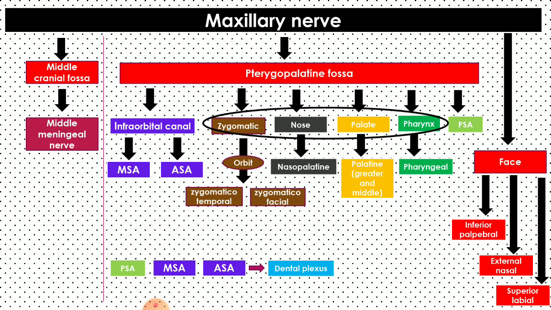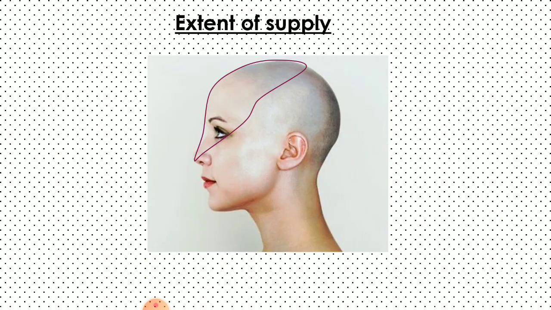The dental plexus is mainly formed by the combination of terminal branches of superior alveolar nerves, that is posterior superior alveolar nerve plus middle superior alveolar nerve plus anterior superior alveolar nerve. The terminal branches of all these three nerves together form the superior dental plexus. As in the figure we can see the extent of the ophthalmic nerve, we would see the extent of the supply of the maxillary nerve too.